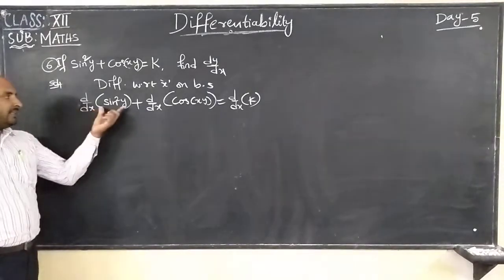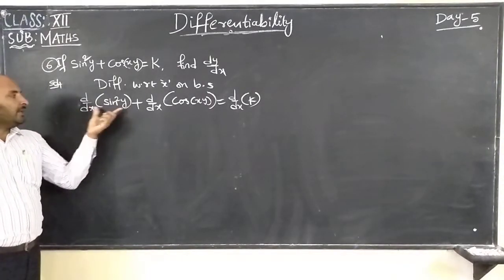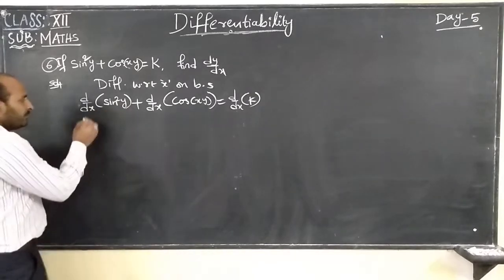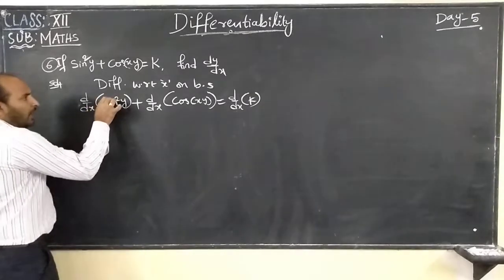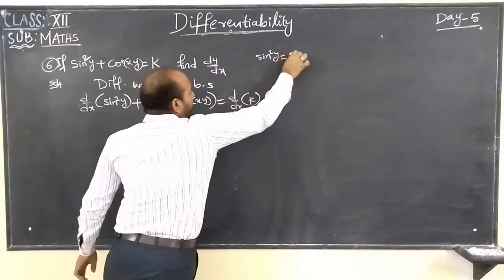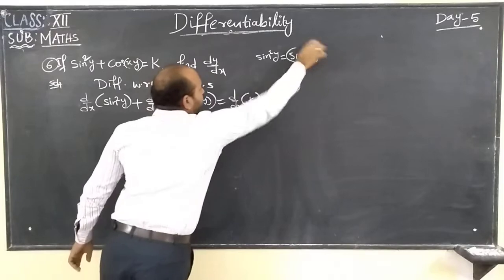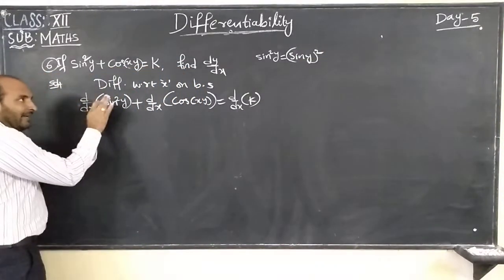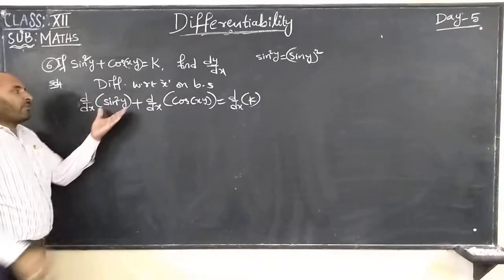So now it is in the form of derivative of x square form. Already I told clearly, sin square y means sin y whole square, so it is x square form.